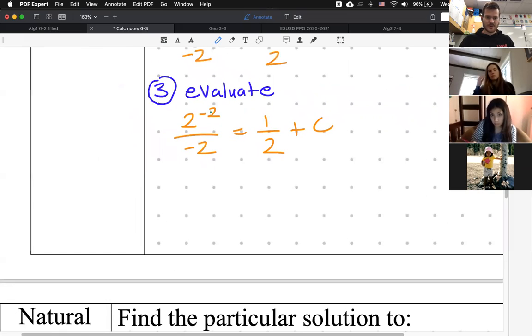Yeah, so you can get rid of the negative by doing what to it? I'll give you a hint over here. If I have 2 to the -2, that's equal to 1 over 2 to the power of +2. How's it going to help you reduce this?